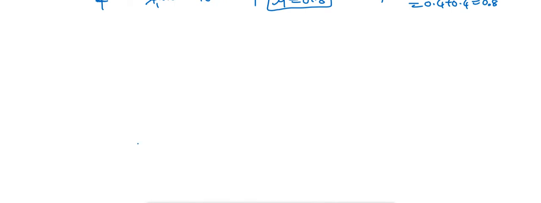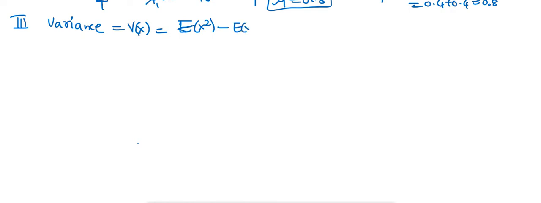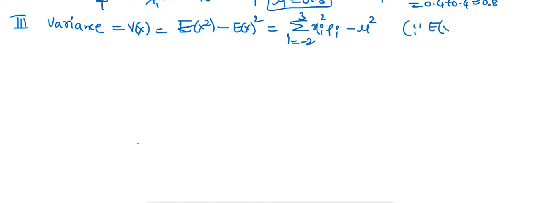Next, to find out the third one, variance. The variance can be defined as expectation of x square minus expectation of x whole square, that is equal to summation i equal to minus 2 to 3 xi square pi minus mu square. Why? Because expectation of x is equal to mean, that is mu.